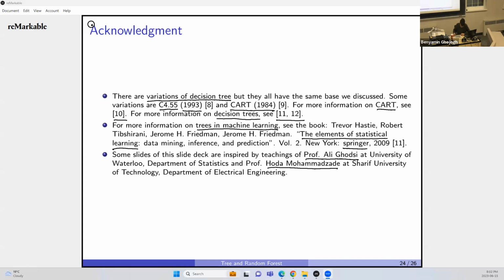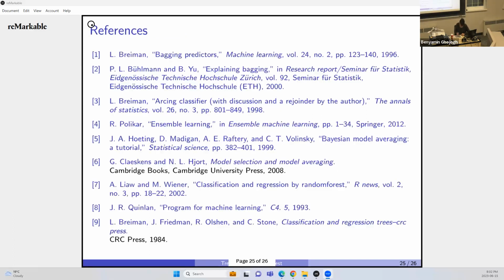Okay. References, we go very fast. Bagging Predictors is about bagging. This one also explains bagging. This one, I don't remember, but I think it was related to bagging. This one is about ensemble learning. This one is about model averaging, Bayesian model averaging in statistics. This one, model selection and model averaging, is again about model averaging.